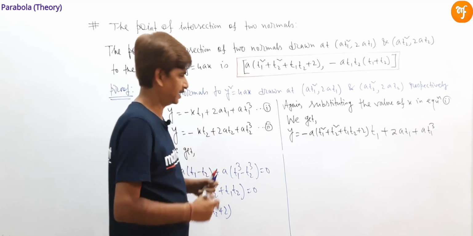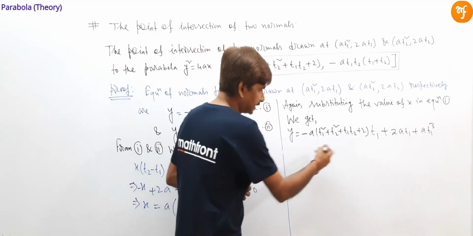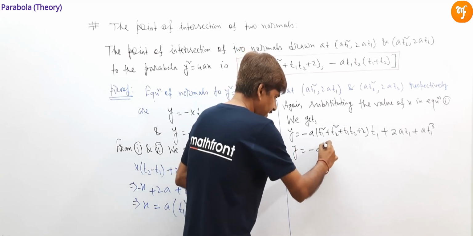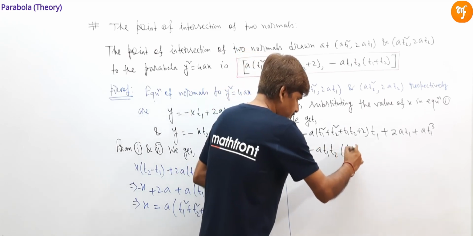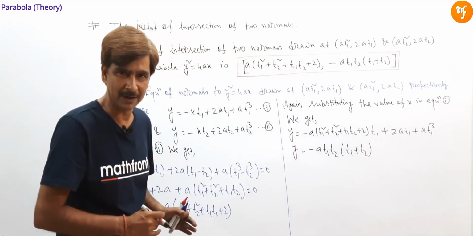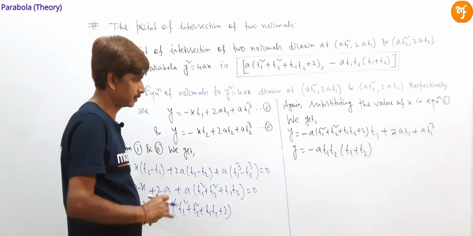Now let's simplify it. Simplifying this, we get y = -at1t2(t1 + t2). Okay, so this is the y coordinate of the point of intersection.